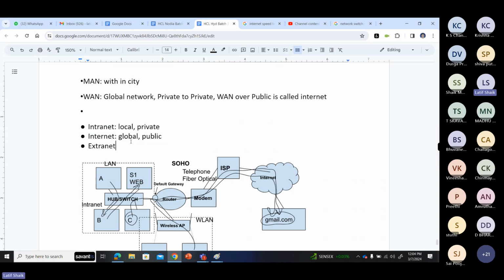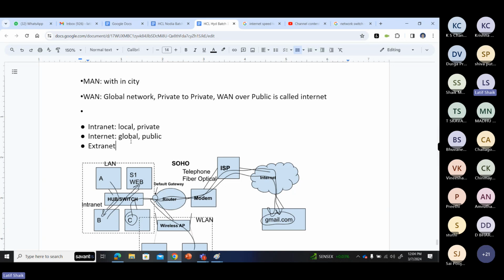Within the network I have a server, systems, switches, everything, and I am able to communicate within the network. So that is intranet. What is internet? I am communicating outside.